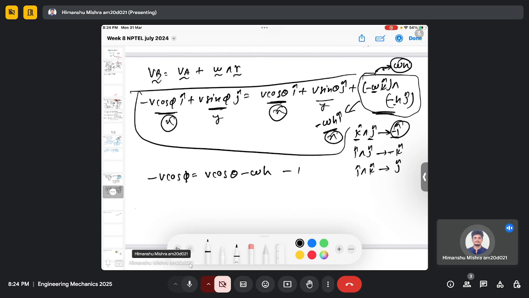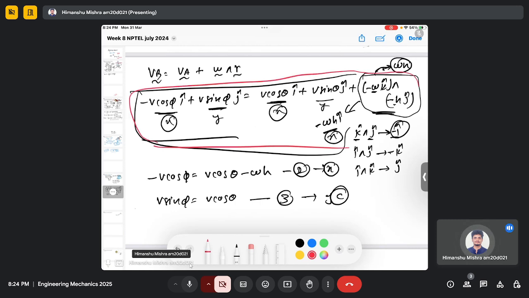This is our equation 2, the x component equation. Then you can write another equation in the y component, which is v sin phi equals v sin theta. This is equation 3, your y component equation. So basically you are writing the same equation that was in vector form, now in component form.